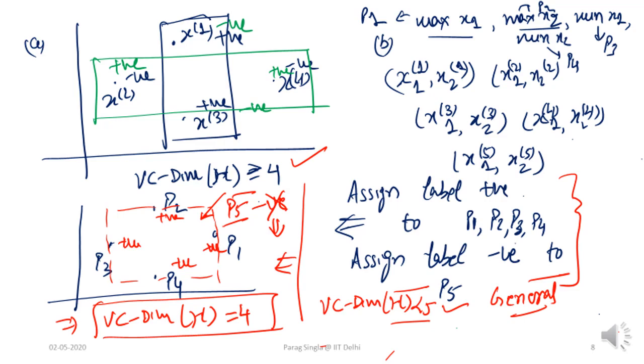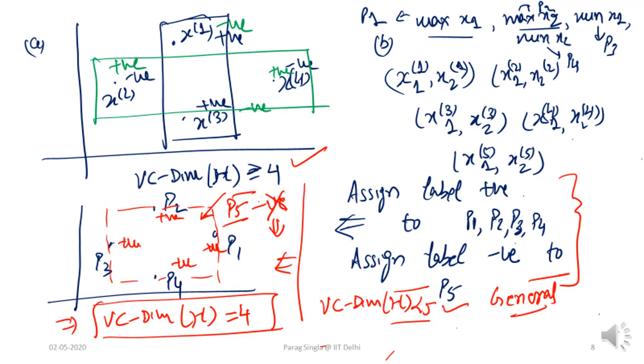But now let us come to part B, shown on the right side, and this is a more interesting argument, because we have to show that given any set of 5 points, you can think of it as a different kind of adversarial game, where the adversary gives you a set of d plus 1 points, where d plus 1 is 5, and you can't shatter those, and the adversary gives another set of 5 points, and you can't shatter those either. So you have to be able to show this for any set of 5 points.